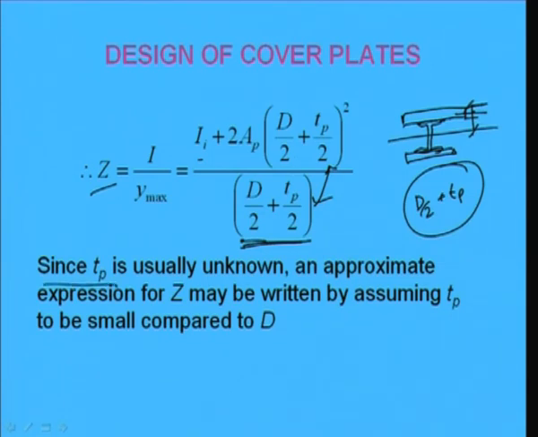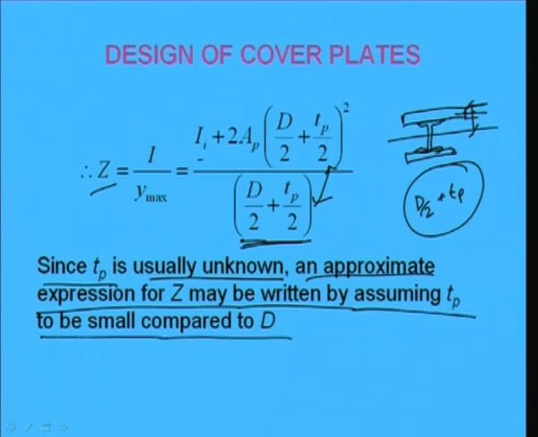Since T_P is usually unknown, an approximate expression for Z may be written by assuming T_P to be small compared to D. So, we are taking some approximation to get the value of Z appropriately.